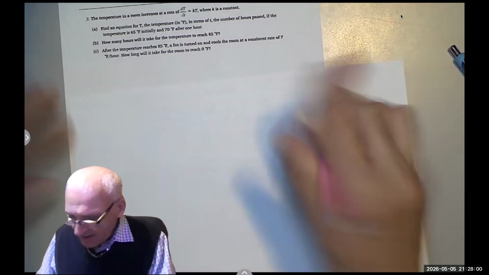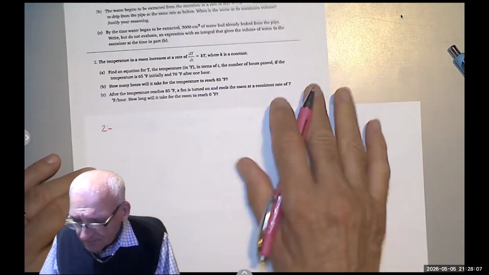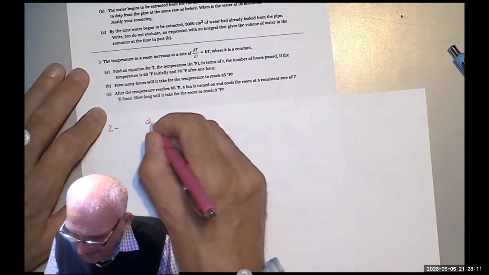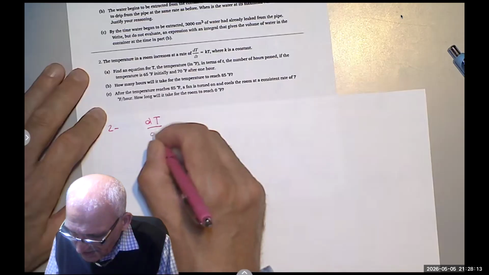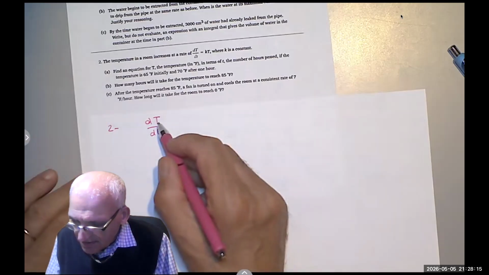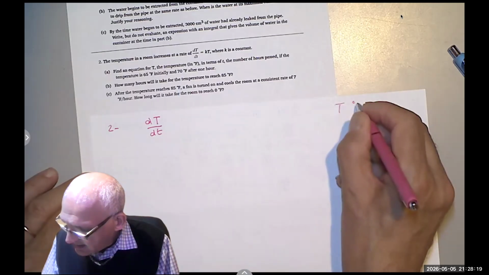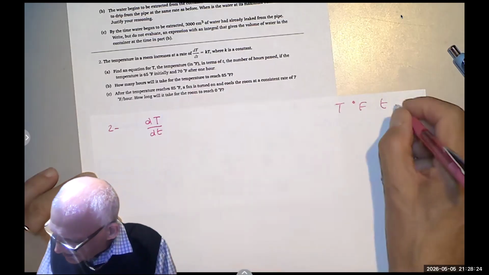It's 10 minutes, okay, so we are going good. I think we'll take a problem from the second part then. Number 2. The temperature in a room increases at a rate of dT/dt equals kT. The capital T here is temperature in Fahrenheit, and t, of course, is time in hours.